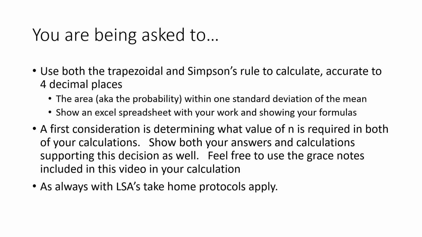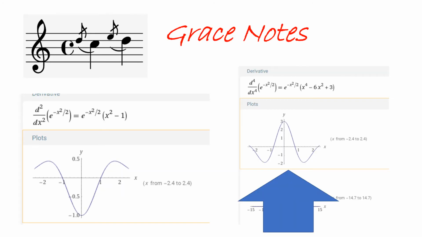Let's look at the grace notes. Okay, it turns out this is of interest to you, that the second derivative of e to the minus x squared over 2 is given by this, but even more importantly, the graph is shown here, and this number down here is -1.